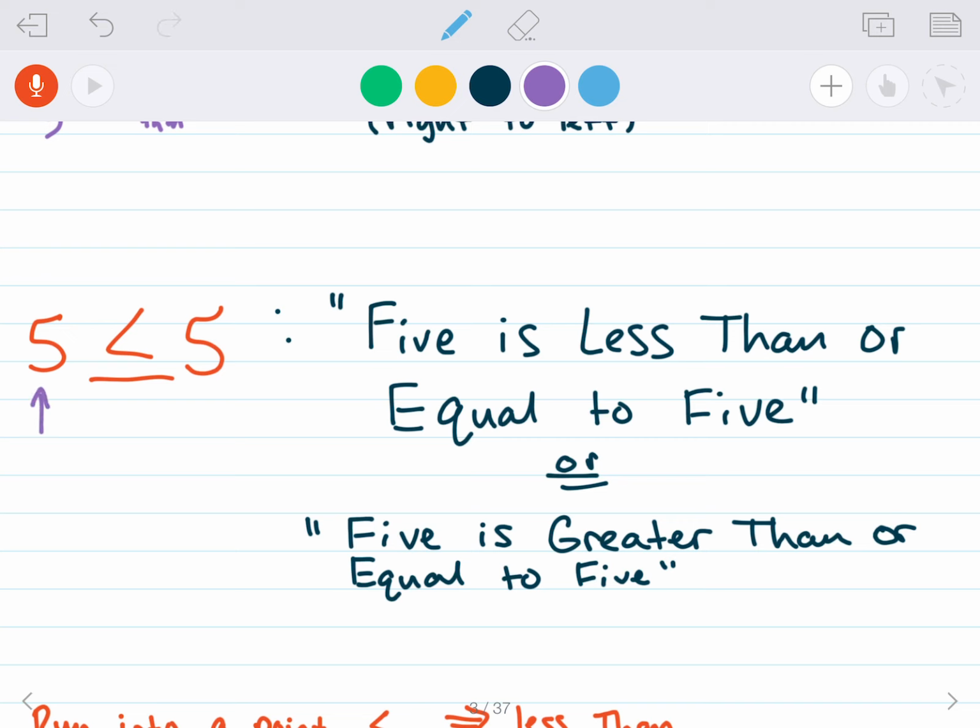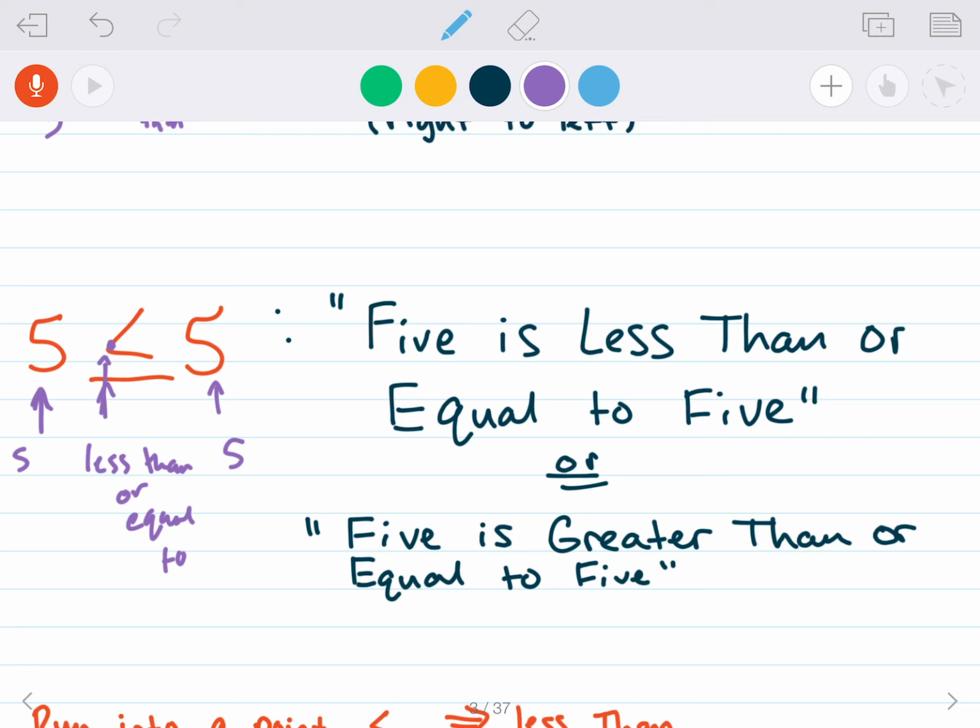The point means less than, and since it has a line underneath, it's less than or equal to. So 5 is less than or equal to 5, right? We read left to right.